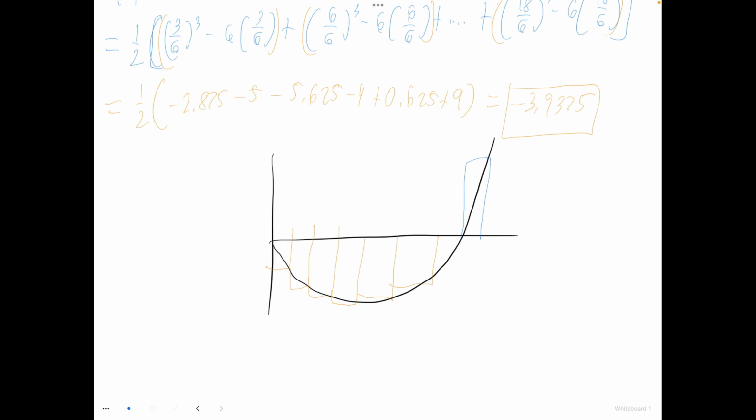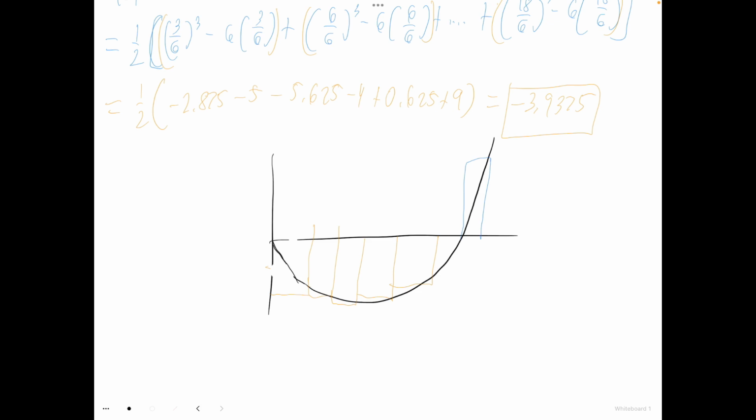Like I said, I did not do a very accurate job drawing it. I'll just fix it like this. Okay, so we have something kind of like this happening, where we just have more area below than above.